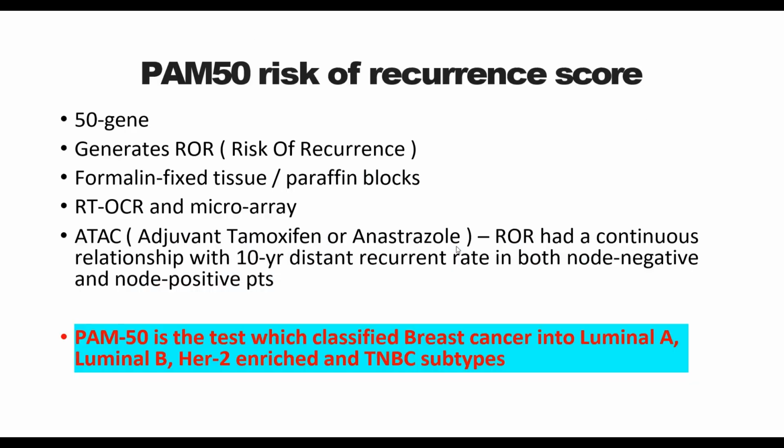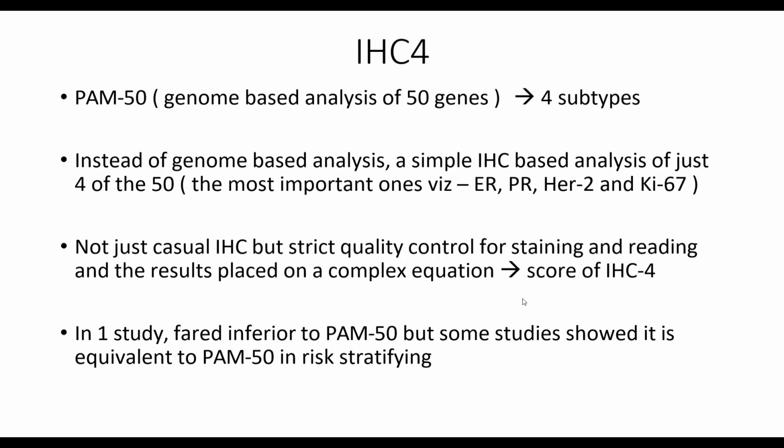What are the other genomic expression profiling tests other than these two common ones? PAM50 risk of recurrence score, again very similar to the previous two, evaluates 50 genes and generates a risk of recurrence. And PAM50 is the test which originally classified breast cancer into the luminal subtypes, HER2 enriched and TNBC subtypes.